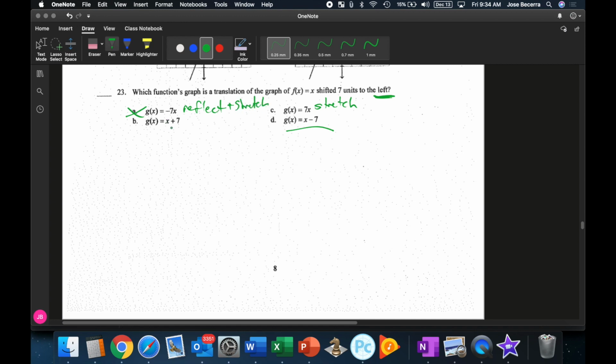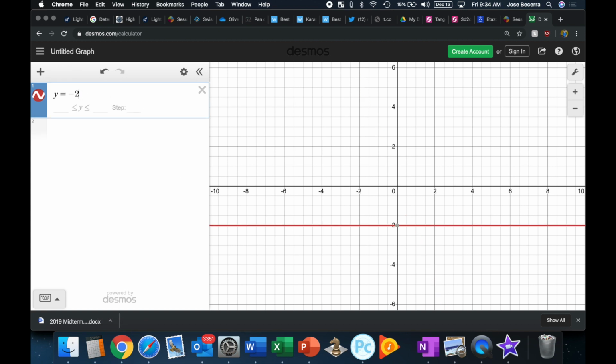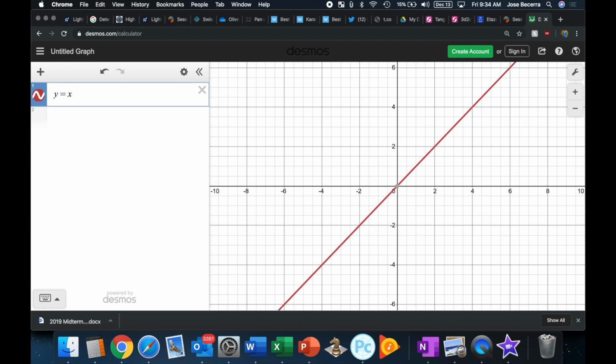Okay, now this, x plus 7 and x minus 7. Which one is the one that shifts it to the left? Minus 7. Let's go ahead and double check and confirm that. If we're going to say x, and then we press enter, we get another one. We go y is equal to x minus 7. What way did it move?